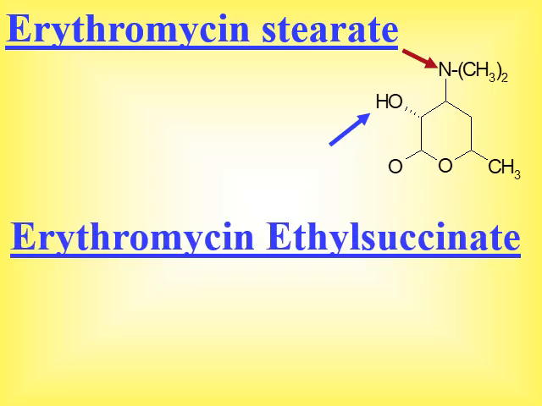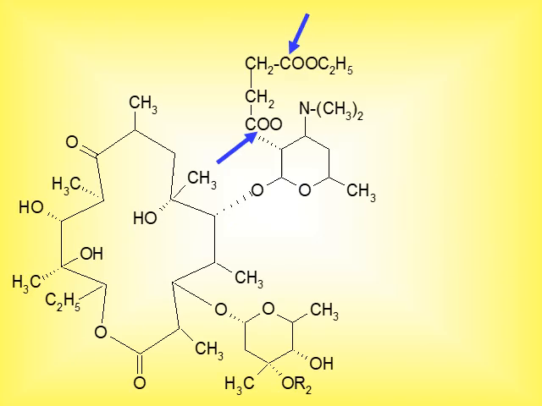Succinic acid has two carboxylic acid moieties. One of them will react with the amino sugar and the other one will react with ethanol. So in order to give erythromycin to pediatrics, we have to prepare a prodrug, erythromycin ethyl succinate.